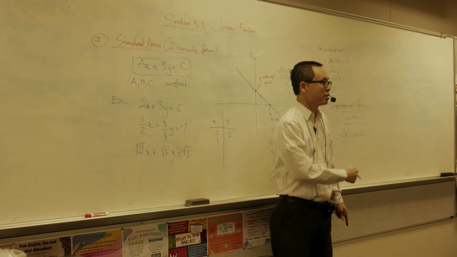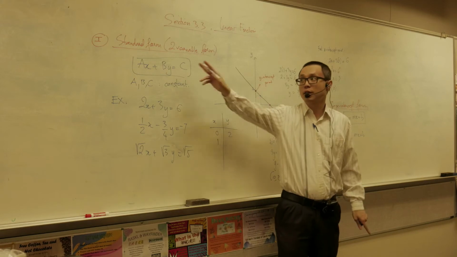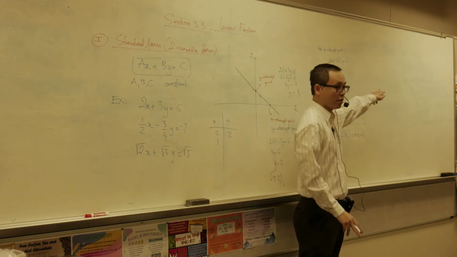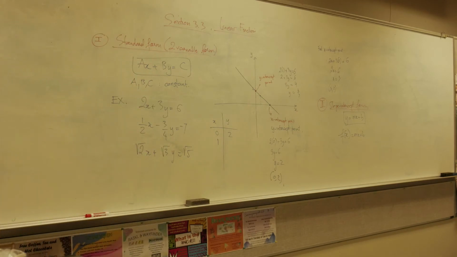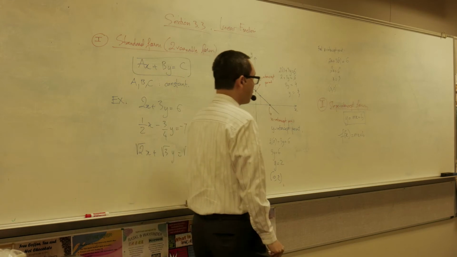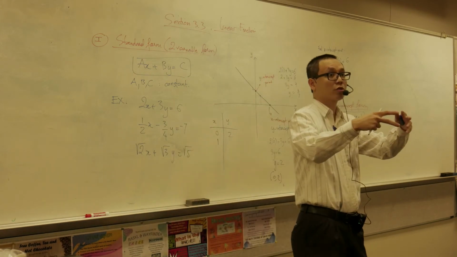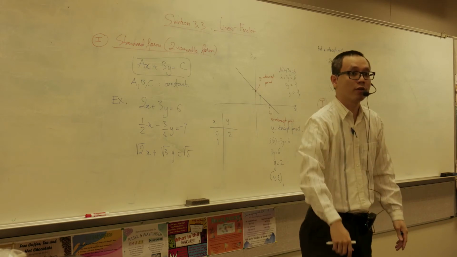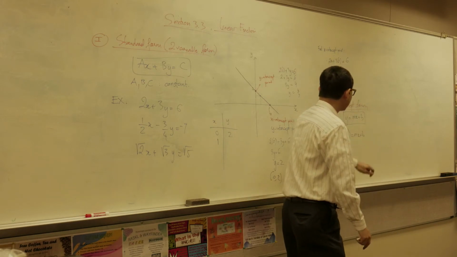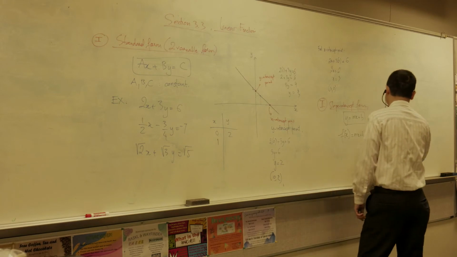Basically this is kind of the same because I can convert this to this, and we have another form which I'm going to introduce today also. Those three forms can relate to each other and convert from one form to another. So f of x equals mx plus b is the linear function right here.